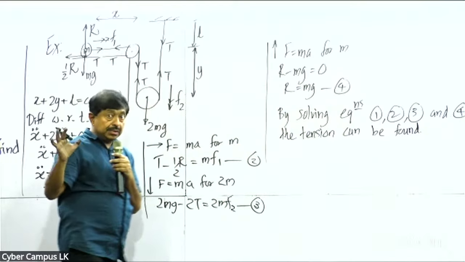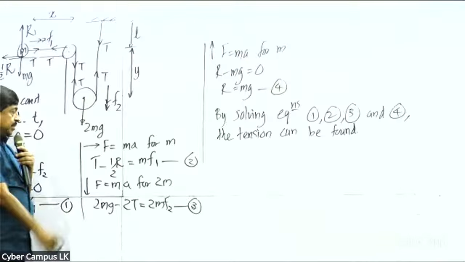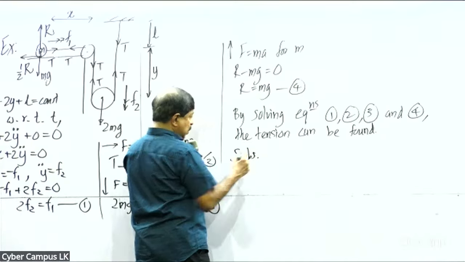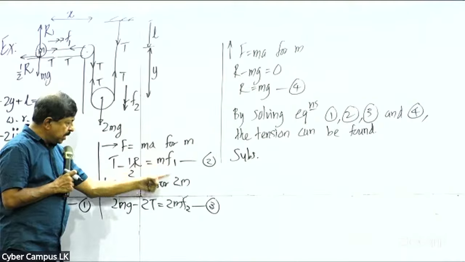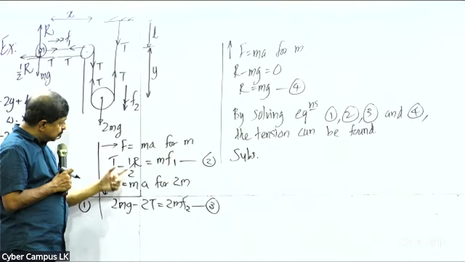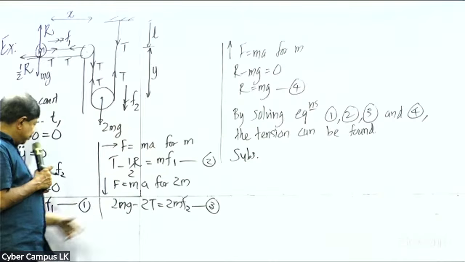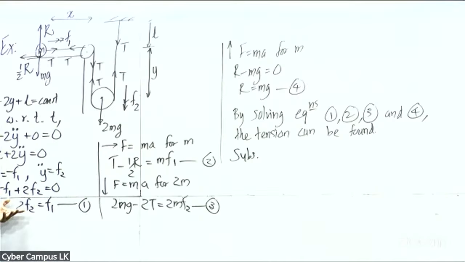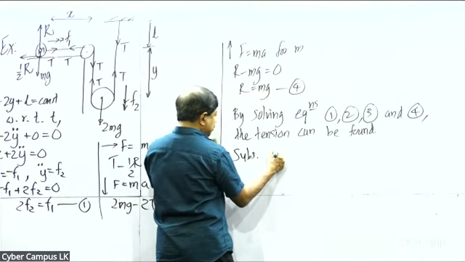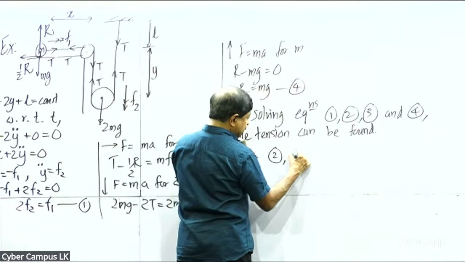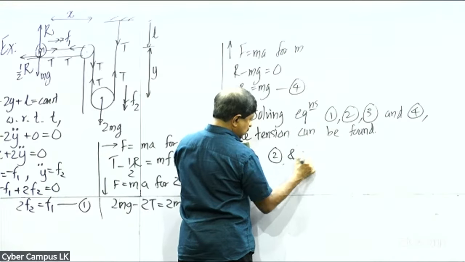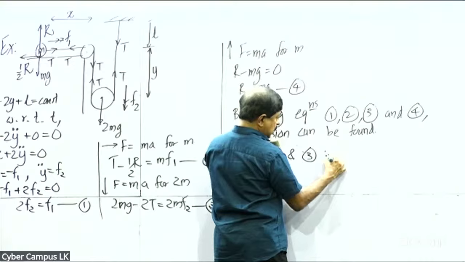Right. Now we'll find the tension. F1 and F2 can be made the subject, and you can write them in terms of T, forget about R. Then you substitute them here. Now R will be there, replace R by mg, right? Substituting 2 and 3 in equation 1.